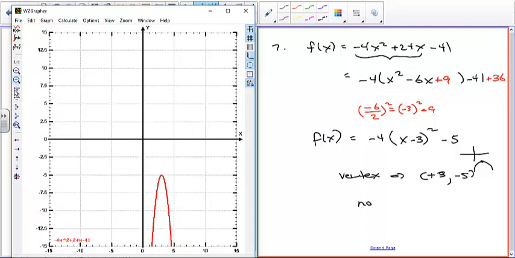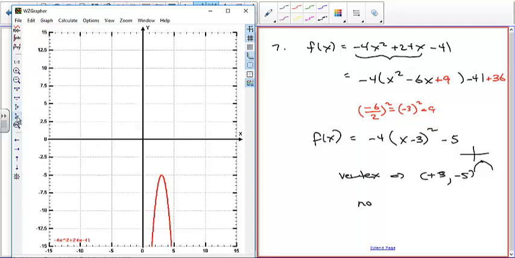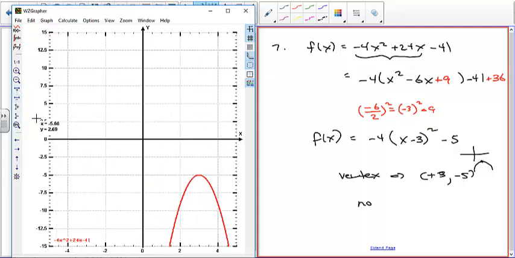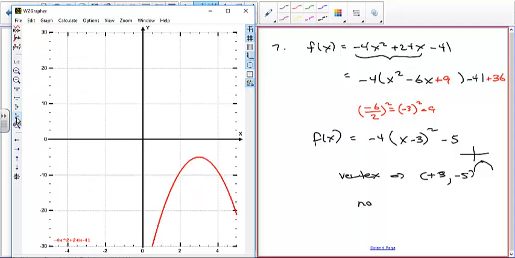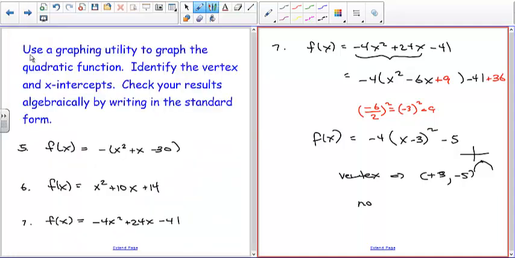Again, I'm going to zoom out till I get it in the screen. I'm trying to zoom out so I get a little more detail. There we go. So we'd have this point and that point that agree. So excellent.